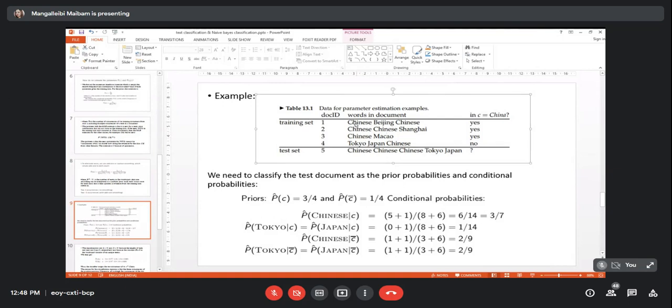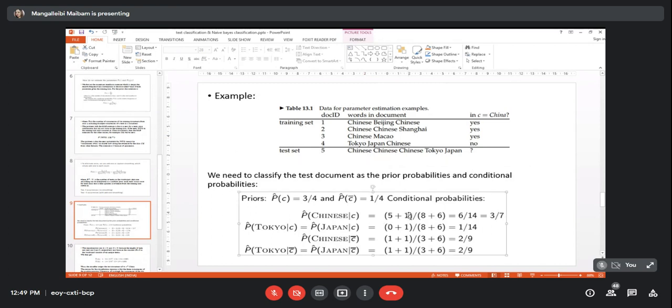What is the term frequency for Chinese in the China class? In document 1 we have 2 Chinese, in document 2 again we have 2 Chinese, and in document 3 we have 1 Chinese. So the total count is 5.